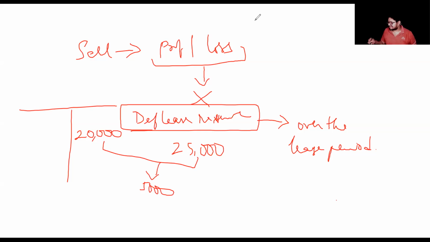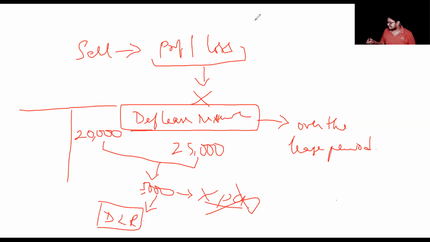What the standard says is, this 5,000 should not be recognized in P&L immediately. Don't do that. Instead, this 5,000 of profit is supposed to be parked in an account called deferred lease reserve. Initially, you are showing it as a reserve. In future periods, you are going to recognize this as income over the life of the lease.